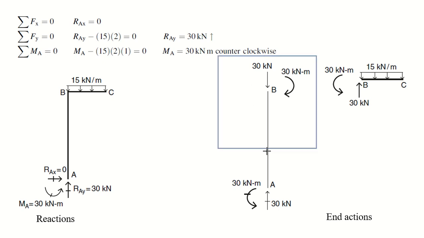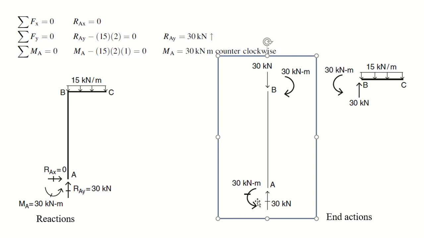Then move to analyzing your member AB. Now, in member AB, 30 kilonewton is acting downward, so you have to apply 30 kilonewton upward, summation of Fy. And summation of moments, 30 kilonewton meter is applied in the clockwise direction, so you have to apply 30 kilonewton meter in the counterclockwise direction. Since this is fixed support, it gives you reactions in all the directions.